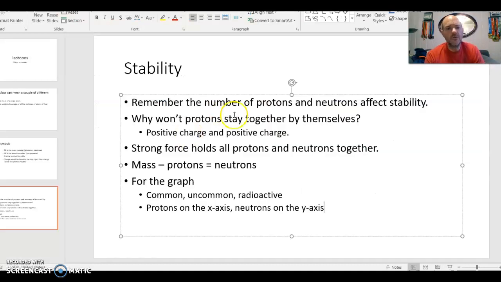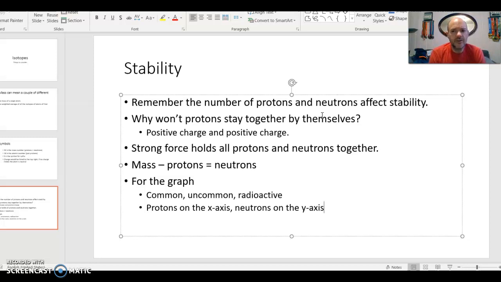So remember that the number of protons and neutrons affect the stability of the atom. They affect it because we know that protons won't stay together by themselves. If I have one proton and another proton, they both have a positive charge, so they're not going to attract each other, they're going to repel and push away. Positive and positive will push away from each other, and that's what protons want to do.